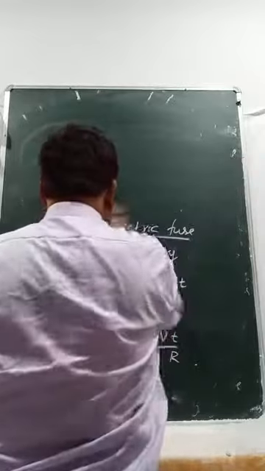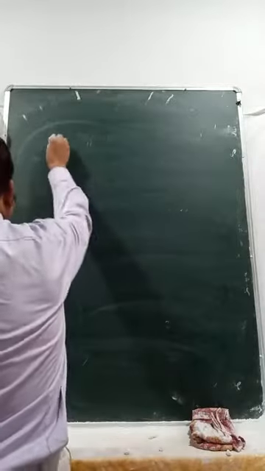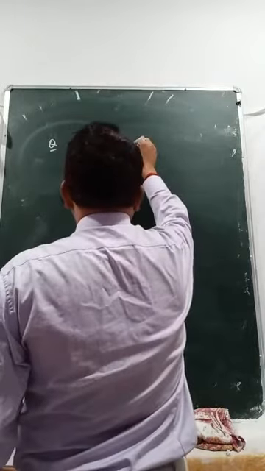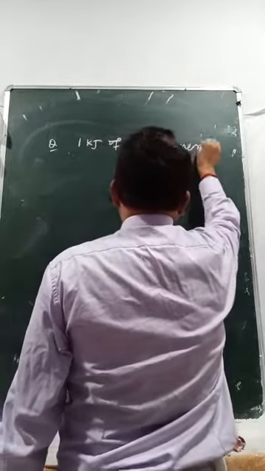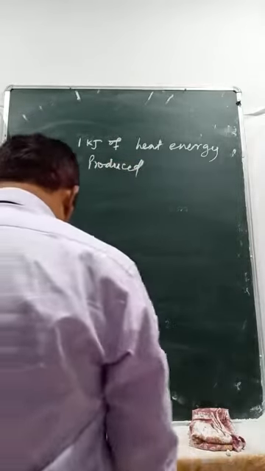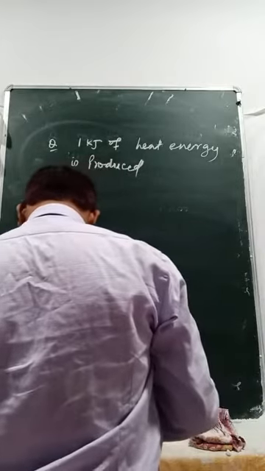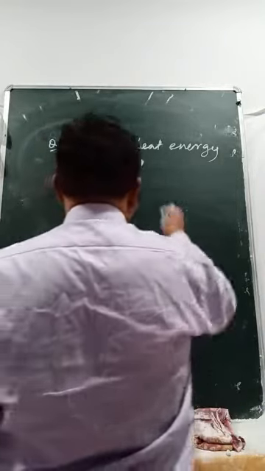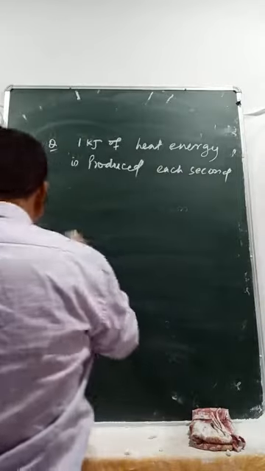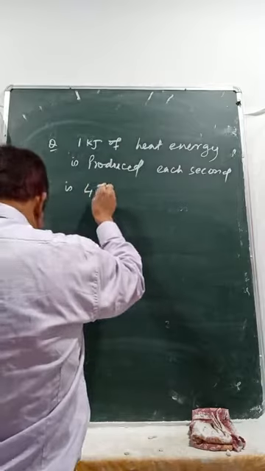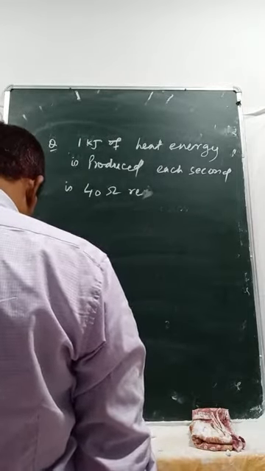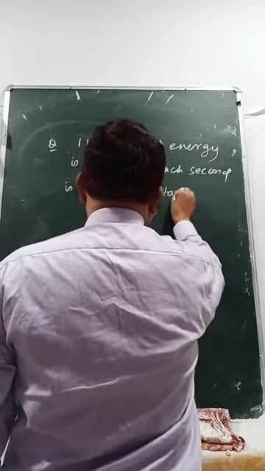Now a problem based on this. The question is: 1 kilojoule of heat energy is produced each second in a 40 ohm resistance.